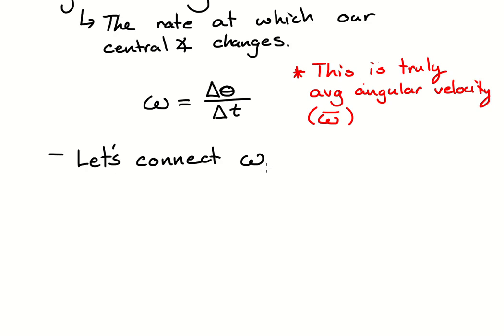Let's connect that with v. What's this one? Velocity. Now, we need to be a little bit more clear. Instead of saying it's the velocity, because this is also velocity, we're going to be more specific. We're going to refer to this as our linear velocity.